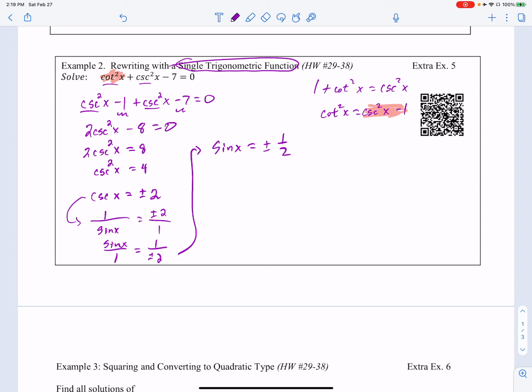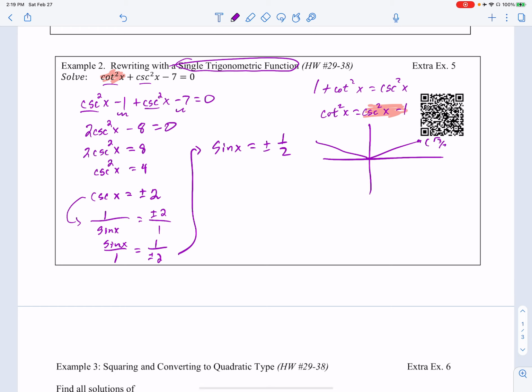And the angles that make sine either positive or negative 1/2 are going to be the solutions. And so where is sine plus or minus 1/2? Well, those are 30-degree reference angles, quadrants 1 and 2, that make it positive 1/2, right?